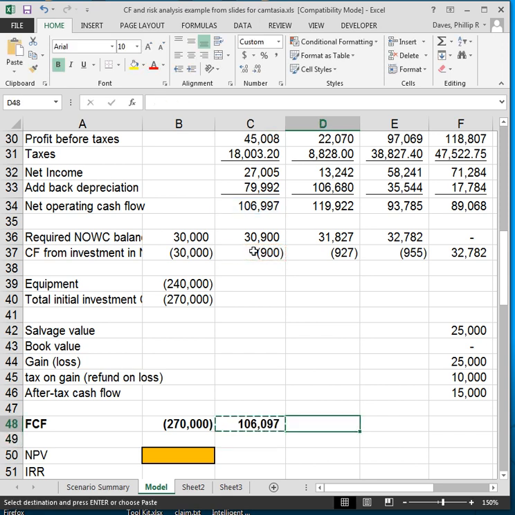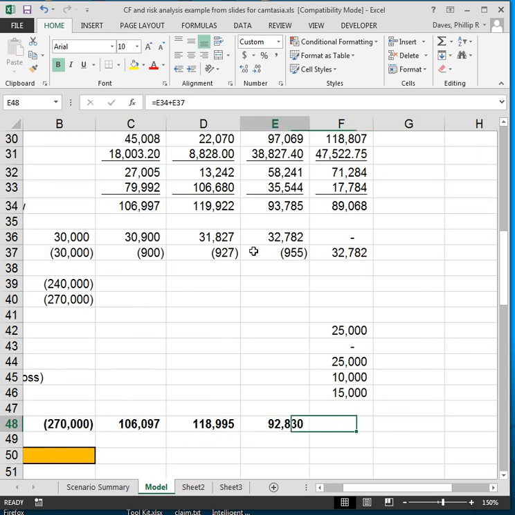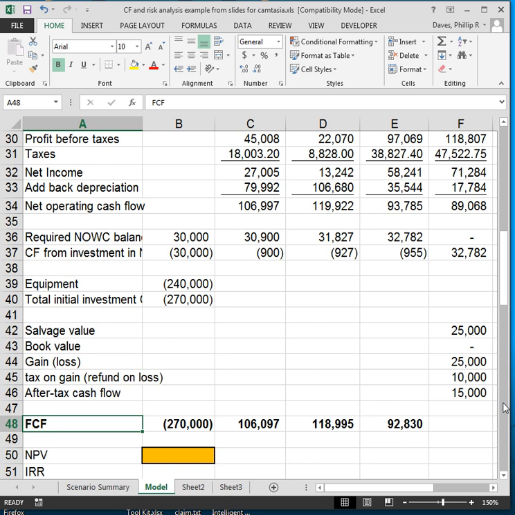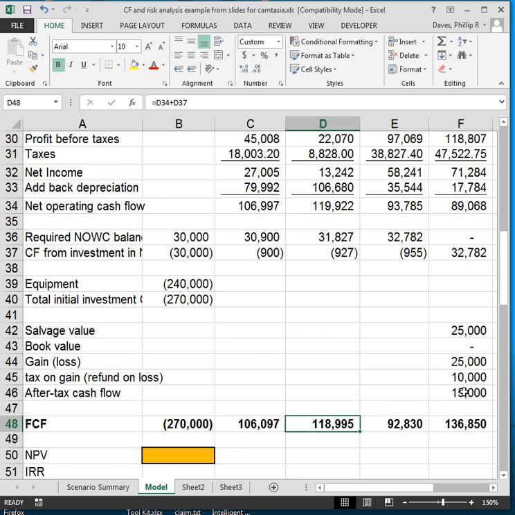And in year 4, our total cash flow is our net operating cash flow plus the recovery of net working capital, $32,000, plus the $15,000 from the after-tax salvage value, and that gives us all of the cash flows that go on a timeline.